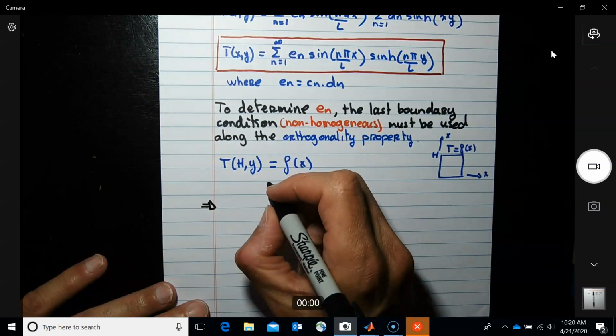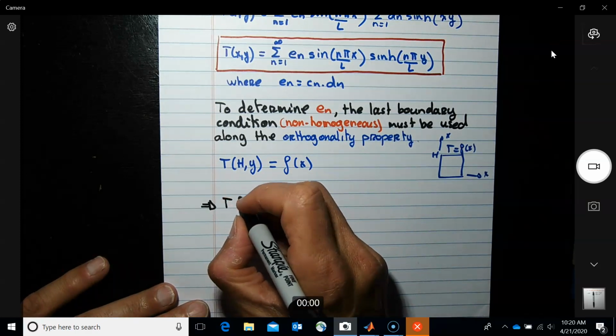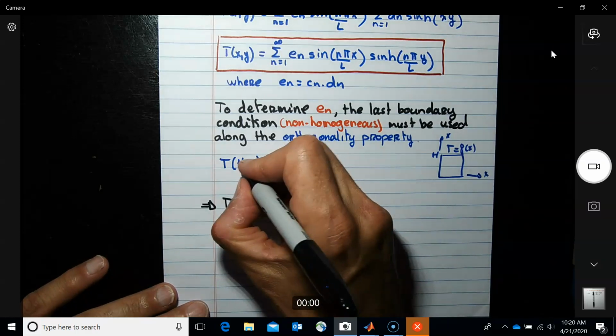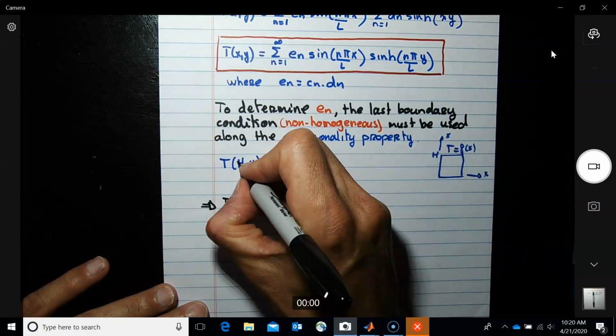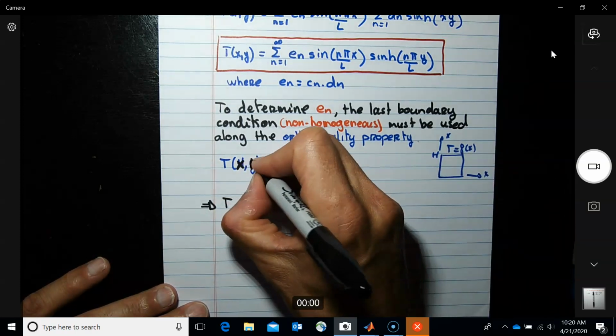This will mean that T, sorry, is x, is all along x and at h.